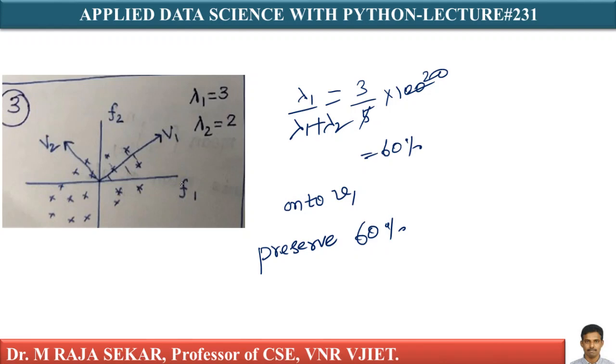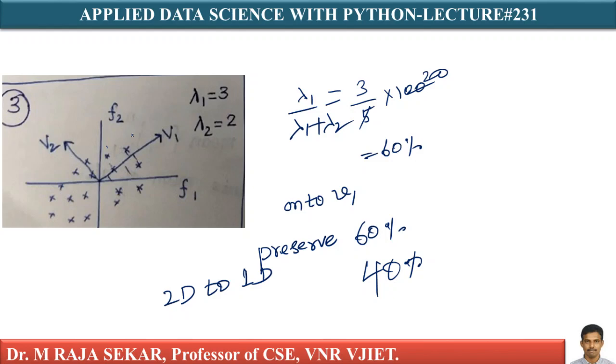Why? Because there is some spread along v2 also. If I go from 2D to 1D by projecting onto v1, since there is considerable spread on the v2 axis, I am going to lose all of that variance, roughly 40% of the information.